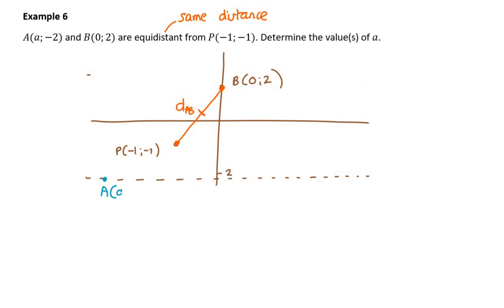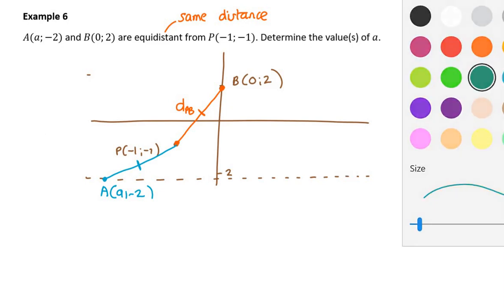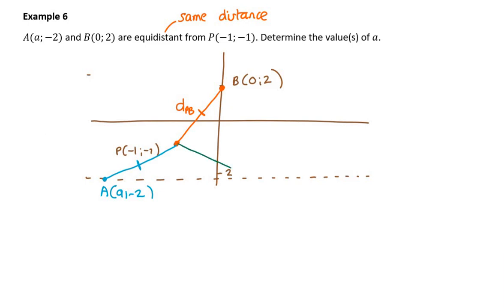I don't know where A is, but let's pretend it's there. So what it's arguing is that this is the same distance. Now, why is it said the values of A? Exactly how we did in the previous question, you could move either way. So A could be to the left or to the right, as long as it has a Y value of negative 2. So basically, all of those distances are the same.